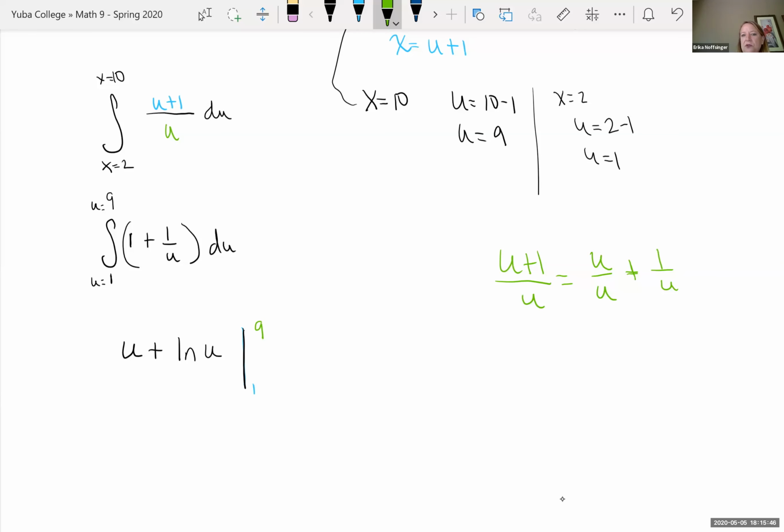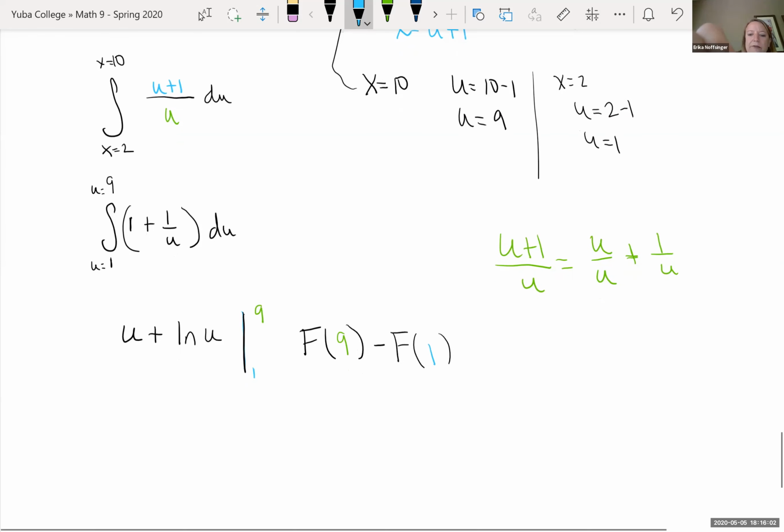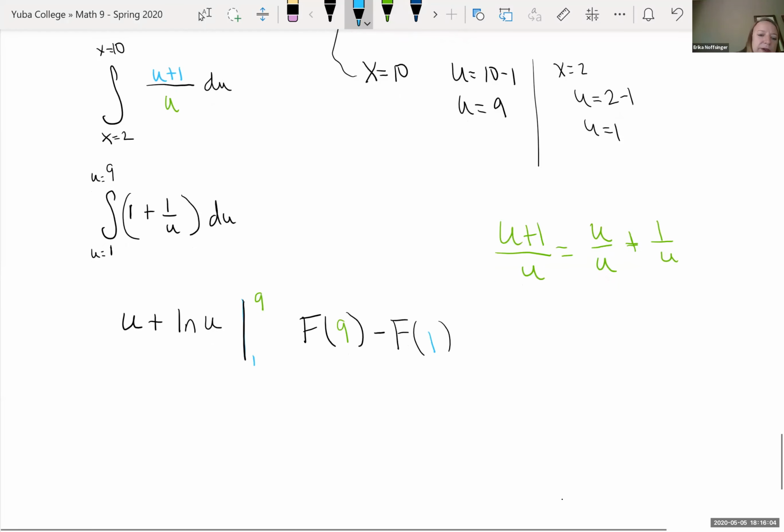Okay, so we're looking at basically by the fundamental theorem of calculus, this is capital F of 9 minus capital F of 1, where my antiderivative of 1 is u. So plugging in 9 wherever we see a u, we get 9 plus the natural log of 9. And then we have minus.